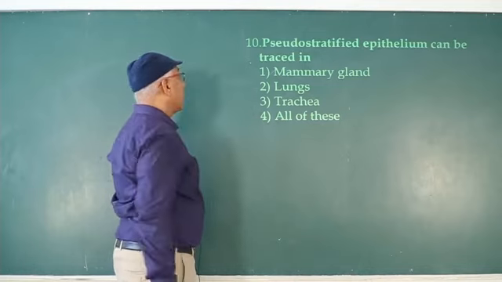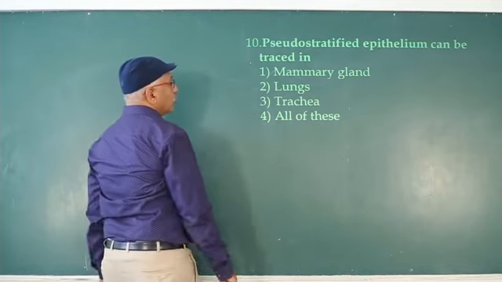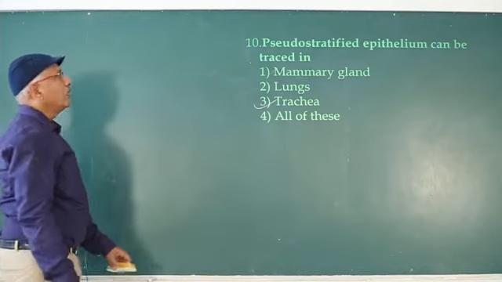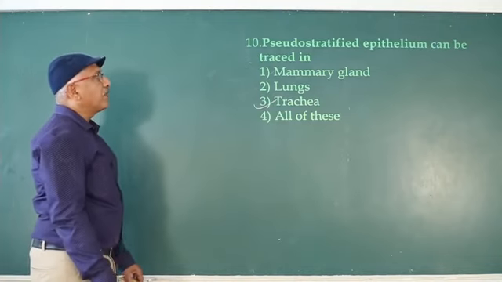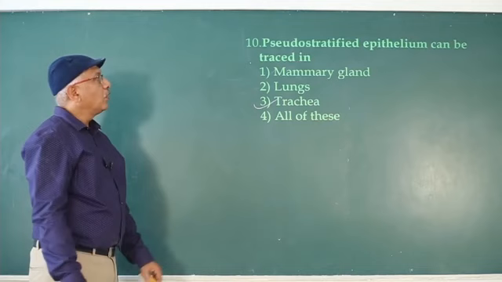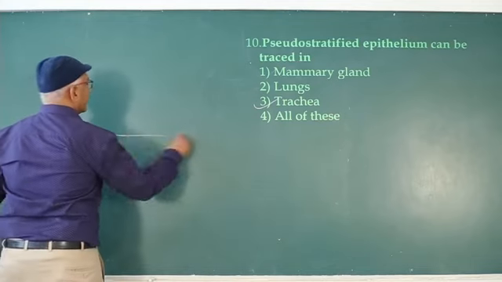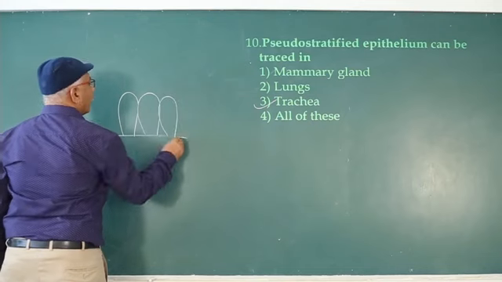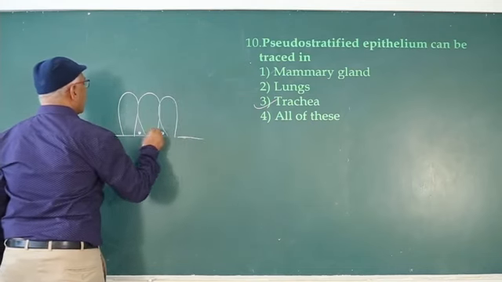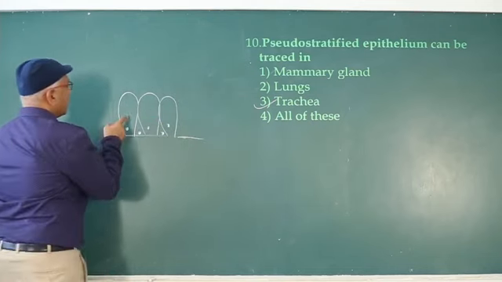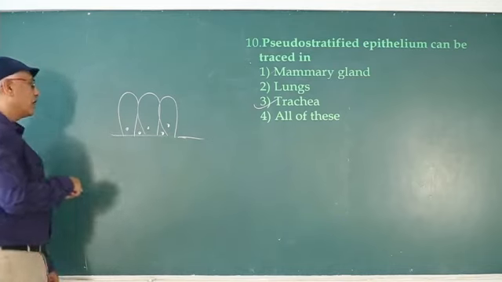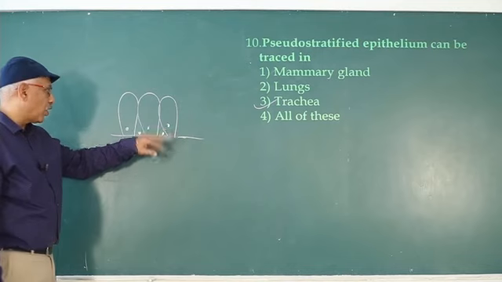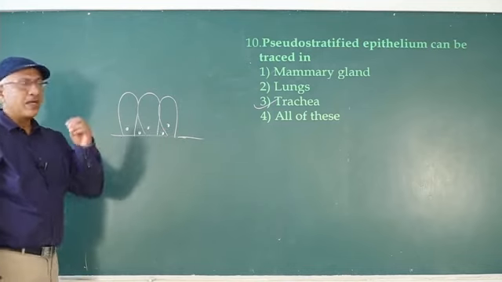Pseudostratified epithelium can be traced in the trachea. What is pseudostratified? Cells are arranged in a single layer, but they appear to be arranged in two layers. The reason is that large cells and small cells are arranged alternately. We think large cells form one layer and small cells another layer.